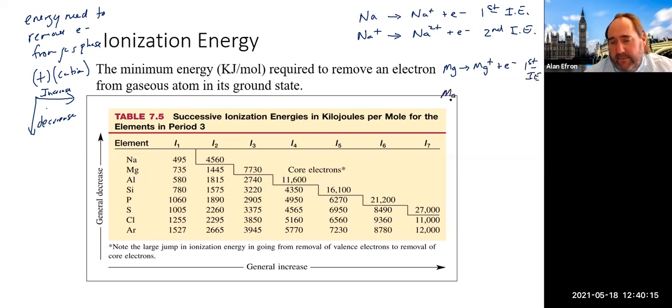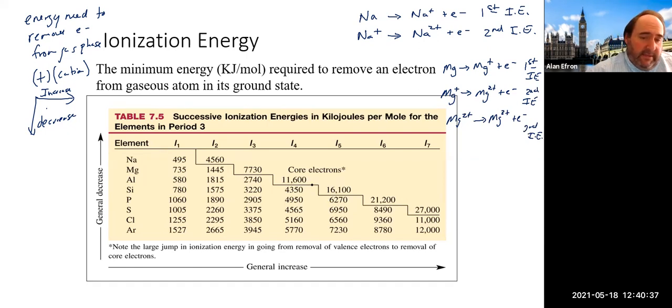Then magnesium would lose a second electron, our second ionization energy. Then maybe magnesium wants to lose a third electron. That would be our third ionization energy. So for every electron that we lose, we have an ionization energy associated with it.